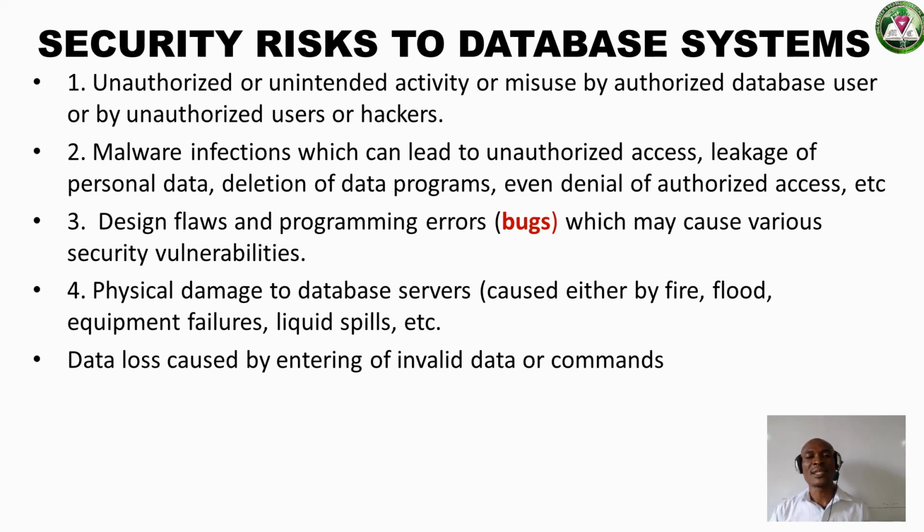The next one is data loss caused by entering of invalid data or commands. Sometimes when one enters data that is not valid or command that is not valid, it may cause another problem. So it's a threat, a risk that a database system can be faced with.